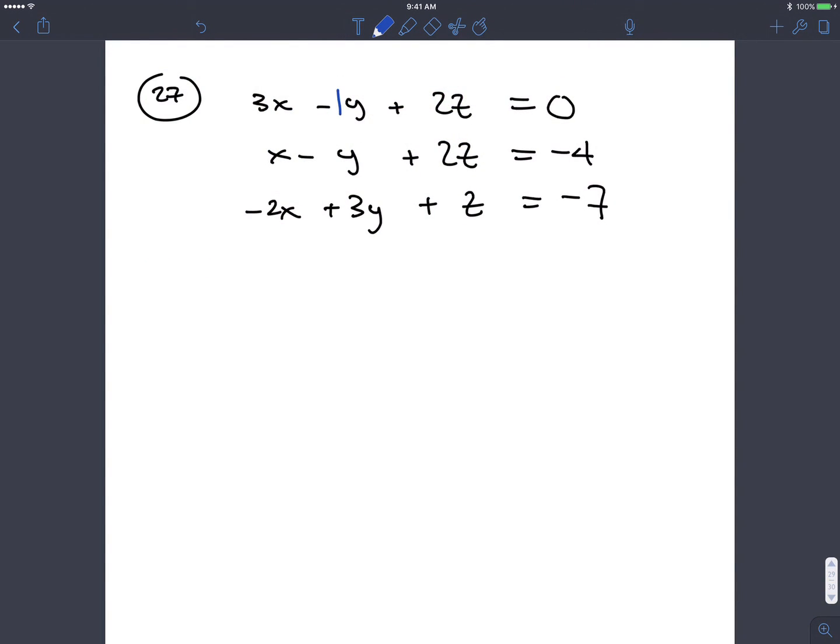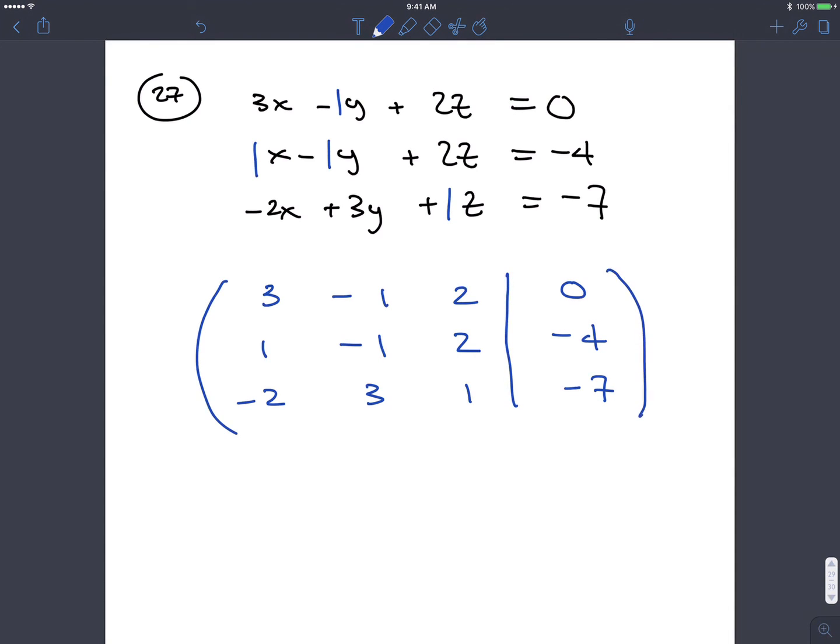We're going to create our augmented matrix using these coefficients: 3, negative 1, positive 2, and 0. 1, negative 1, positive 2, and negative 4. Negative 2, positive 3, positive 1, negative 7. And we can augment this with a straight line or a dotted line.